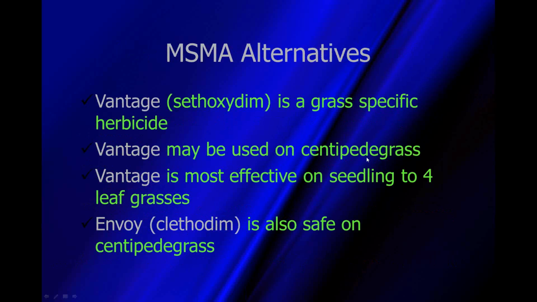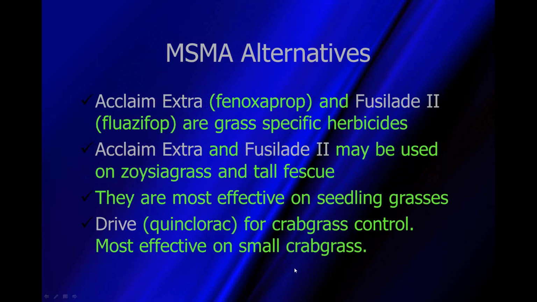If you have centipedegrass as a turf, you can use Vantage or sethoxydim as a knockdown selective weed control agent. The herbicide Envoy, active ingredient clethodim, is also safe if you're growing centipede up in northeast Texas, for example.